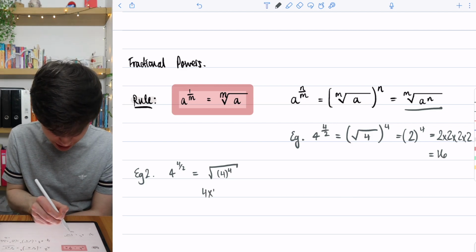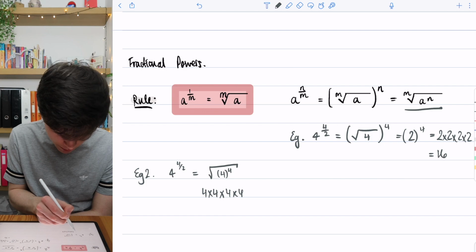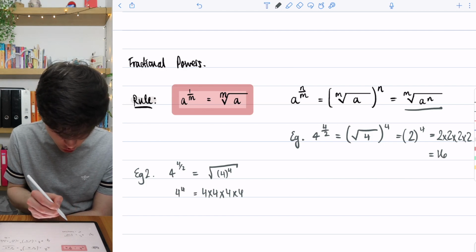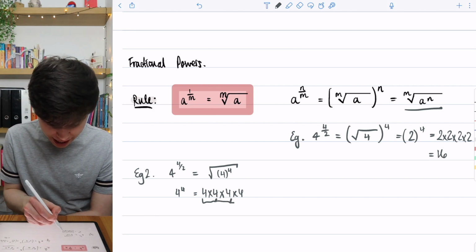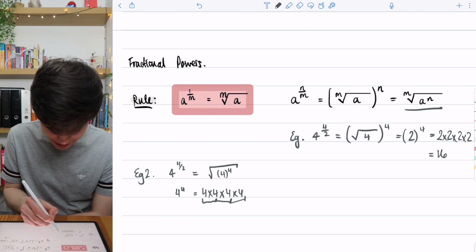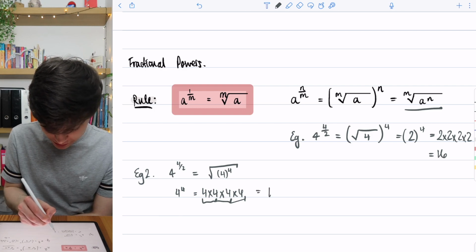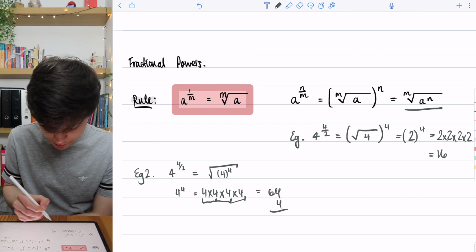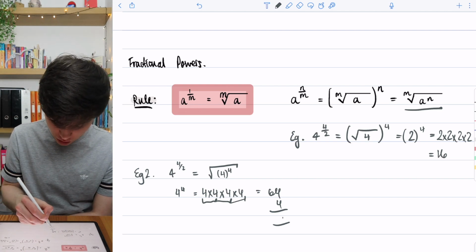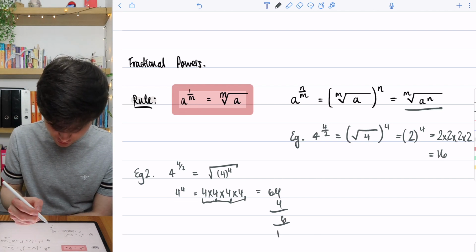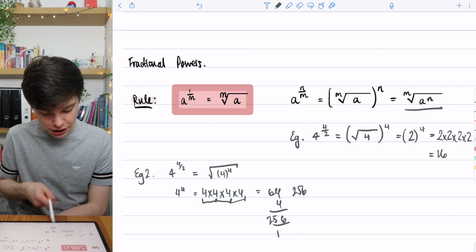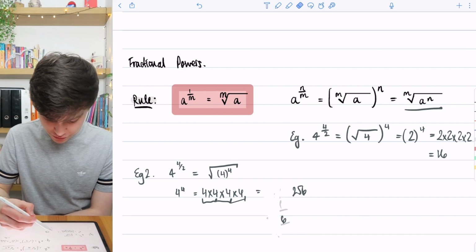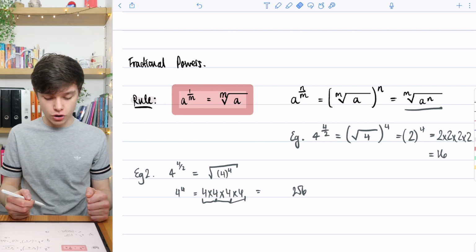So 4 times 4 times 4 times 4, that is 4 to the power of 4. 4 times 4 is 16, times 4 is 64, times 4 again, is, now this is testing me, 4 times 4 is 16, times 4 is 64, and then 64 times 4, we could do it like this if you wanted to. 4 times 4 is 16, and then 6 times 4 is 24, plus the 1, 256. Sometimes we also need to do that multiplication. So 256 is what 4 to the 4 is.